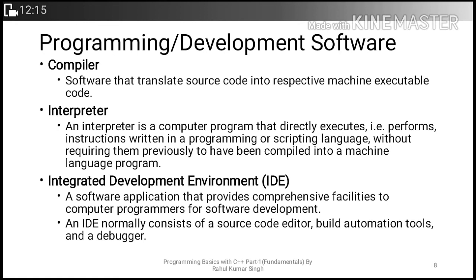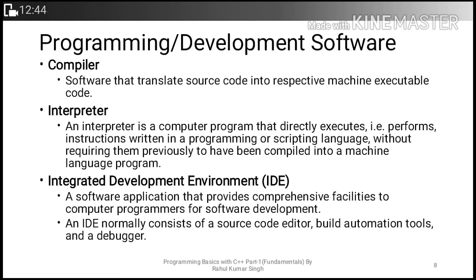When I start programming in C++, you will write, for example, if a is greater than b, then printf hello world, or if a is greater than b, then print a is greater than b. These are all programs, called source code in high level languages, and the compiler translates it into a low level language, a machine executable form, so that it can run or execute on a computer.